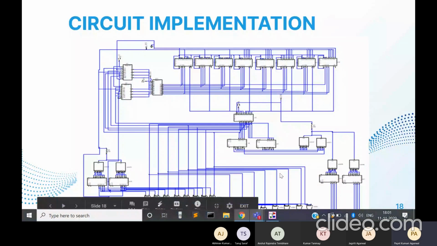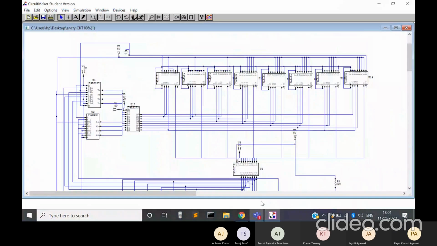Here, I will show you the implementation in the Circuit Maker software. Here, we have implemented rule 30 and we are generating the key. First, I will show you the key used. We are using the key as 000111110.